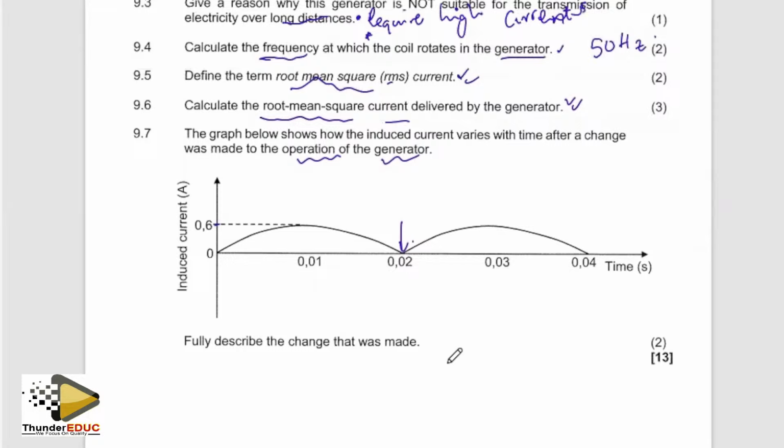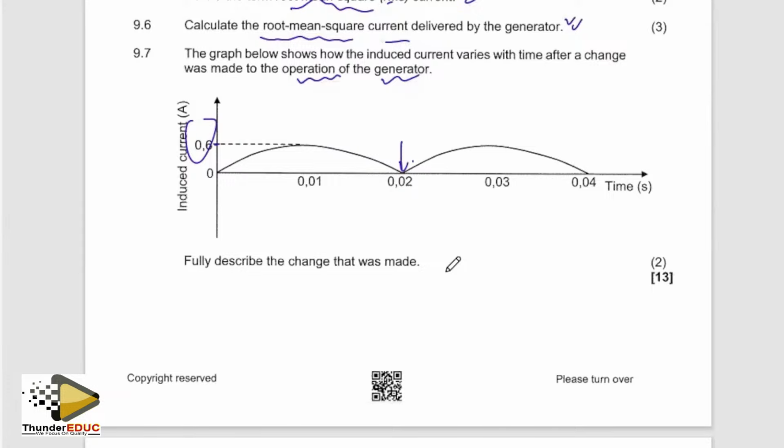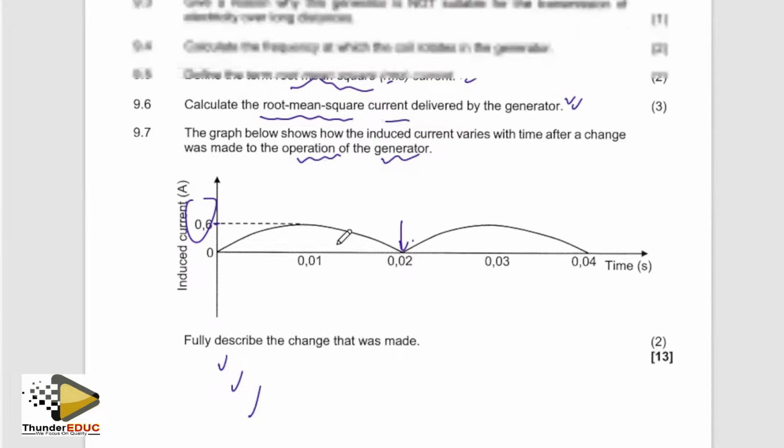Since the current has reduced, we could look at the speed of the generator. Chances are high the speed was halved. Alternatively, we could look at the number of turns of the coil, which were reduced. Or even the area was halved. All those could be reasons for the changes that were made.